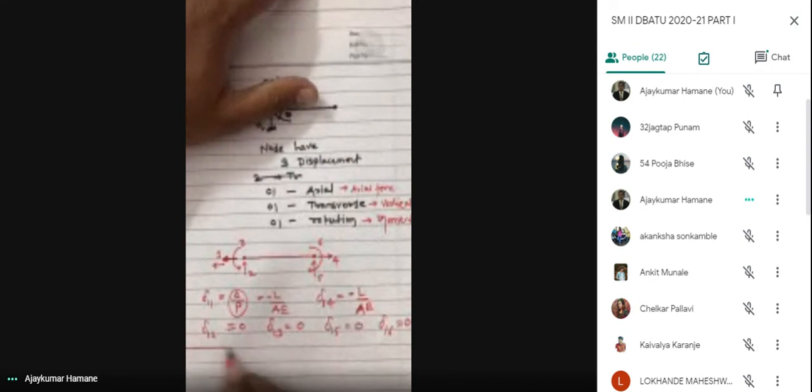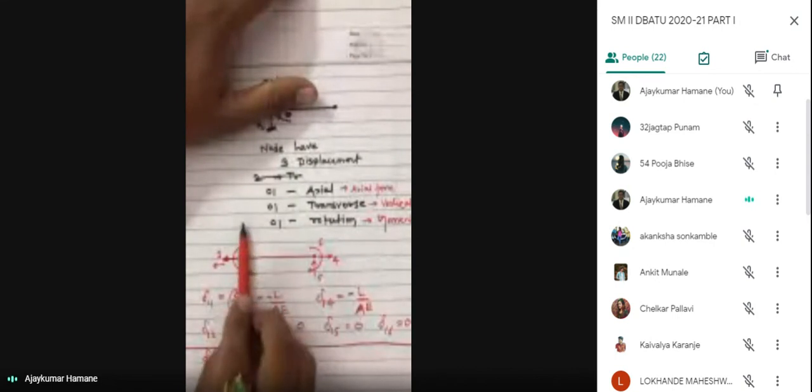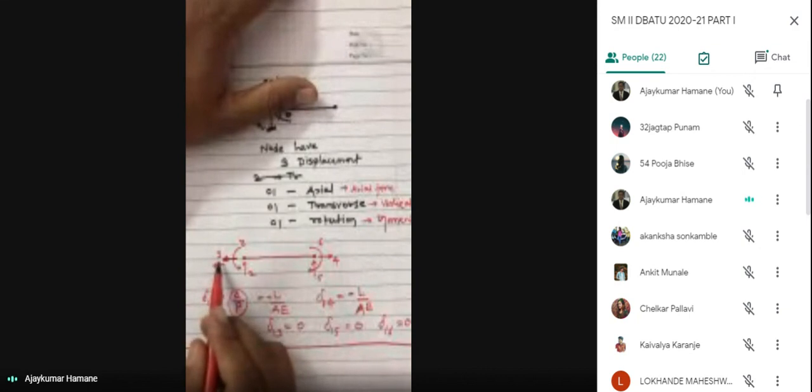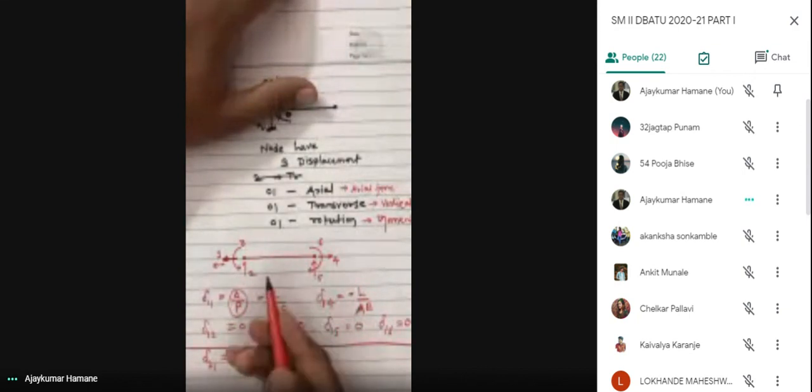Now delta 2,1. What is the displacement along the vertical direction when we apply the unit axial force? There is no effect, so 0.